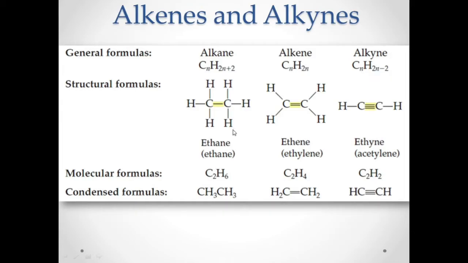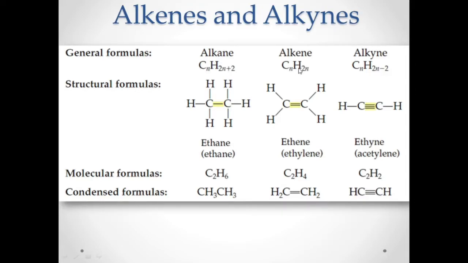For example, for ethane, the formula is C2H6, or the condensed structure would be CH3-CH3. So that is C2H6 for 2 carbons. So you already know how to get the molecular formula. For the 2 carbon group in alkene, you have C2H4, that is 2 times 2, with n equal to 2.